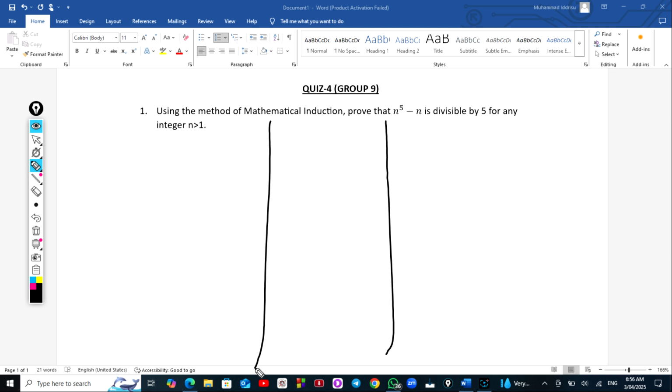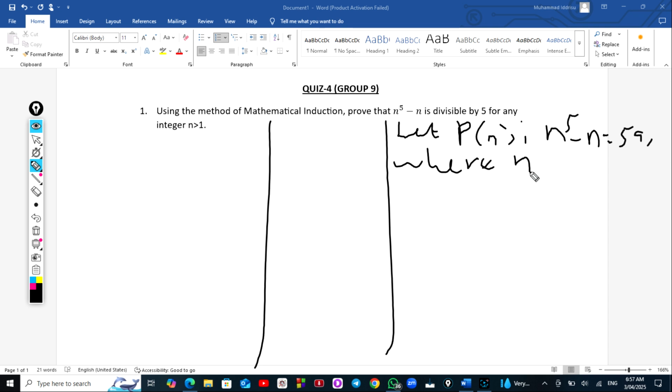is, first let p of n be such that n to the power 5 minus n is divisible by 5. That means it's equal to 5 times maybe an integer a, where n and a belong to what?